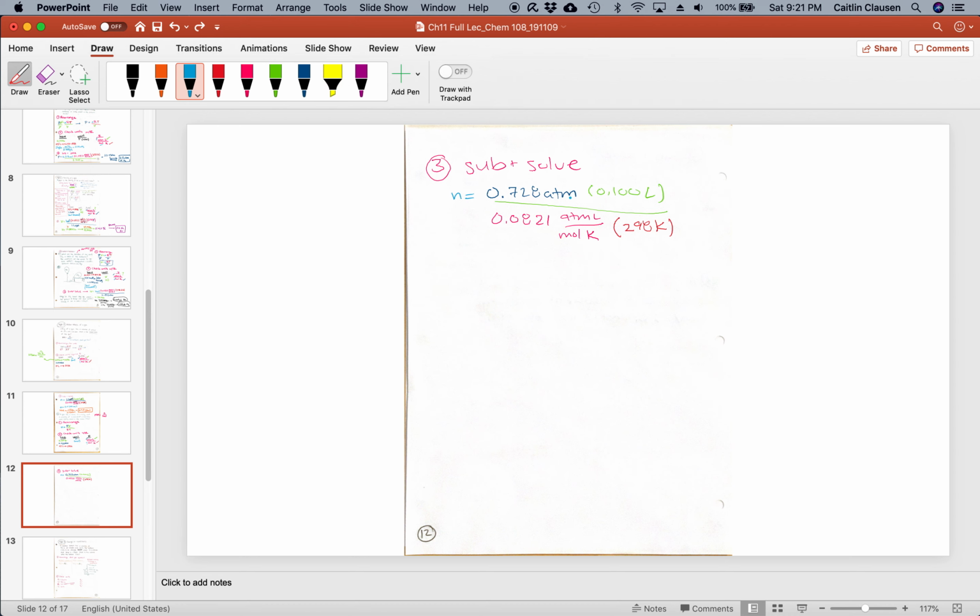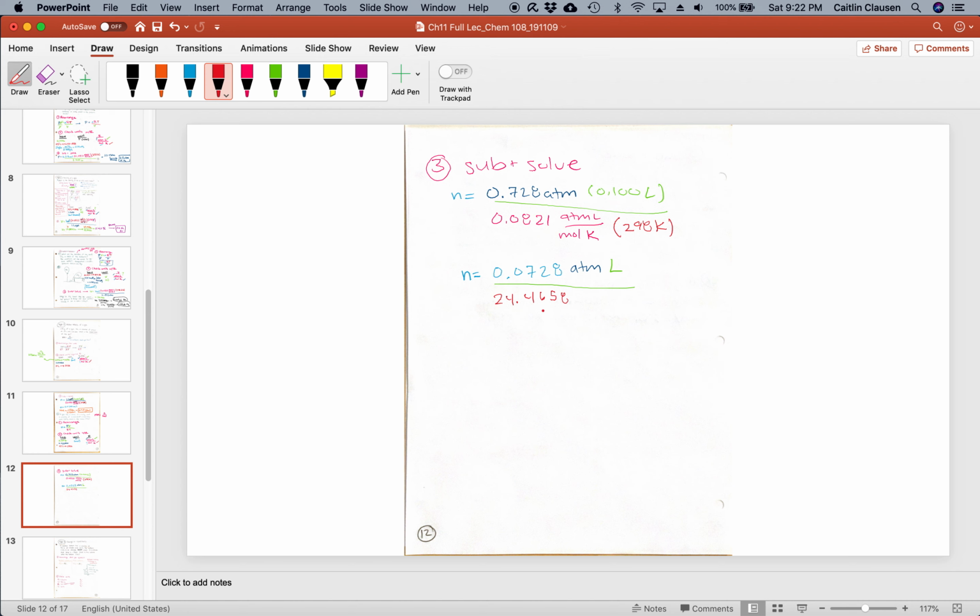So I'm going to just multiply the numbers on the top. I'm going to get 0.0728, and that's atm times liters up here. And then I'm going to just multiply through the denominator numbers, and I get 24.4658.